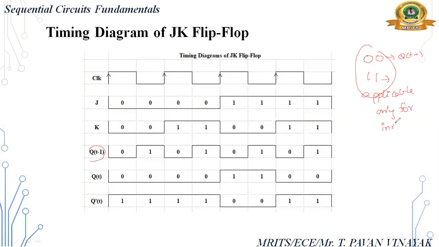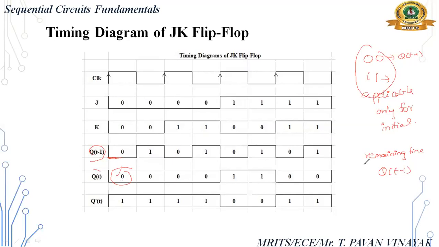For the remaining time, Q of t minus 1 is the previous state, so from Q itself you have to take Q of t.